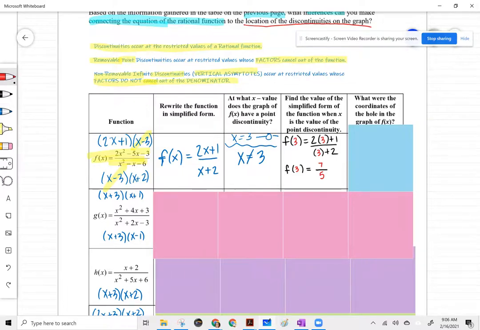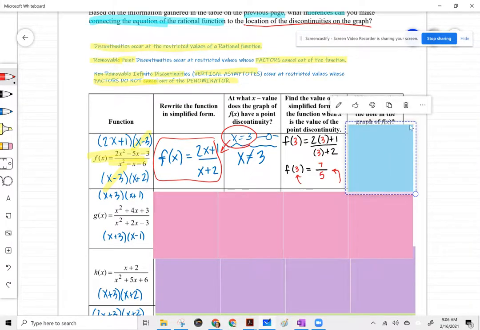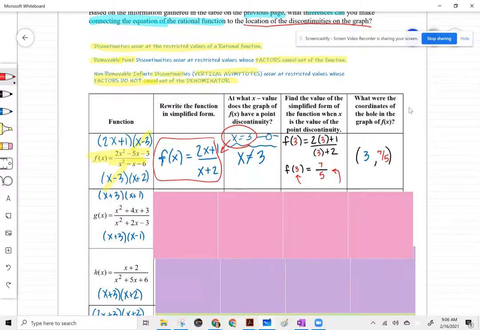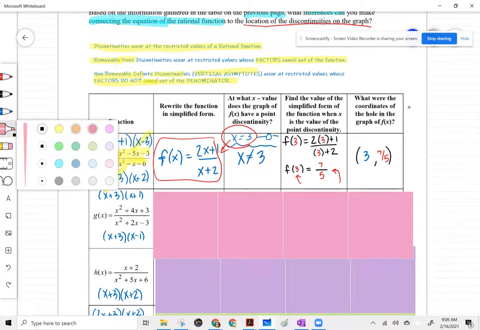So we have to make sure that we are plugging x is equal to 3 into the simplified form. So there's the math, and when x is 3, my y value is 7/5. And so now we are able to determine the coordinates of the hole. I would like you to be able to answer those questions for g of x.